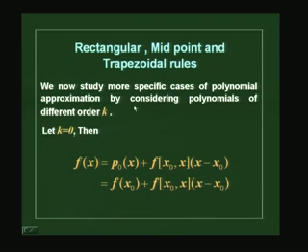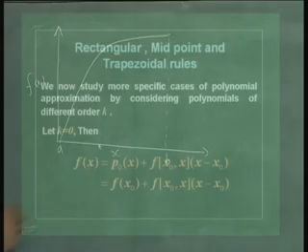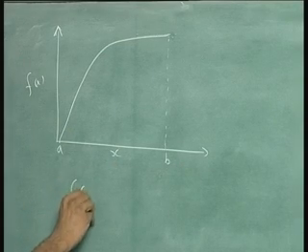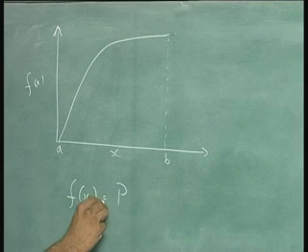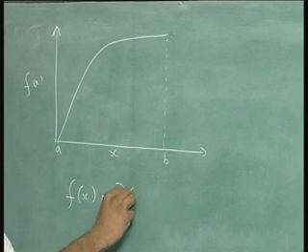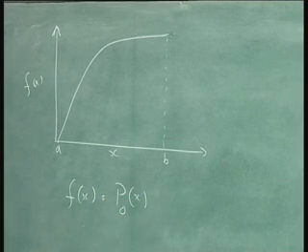So let us start with a very simple case where we would approximate the function by a polynomial of order k, that is k equal to 0 to start with. Okay, so that is the simplest case. That is, we will approximate f of x by a polynomial of order 0. Okay, so what does it mean?